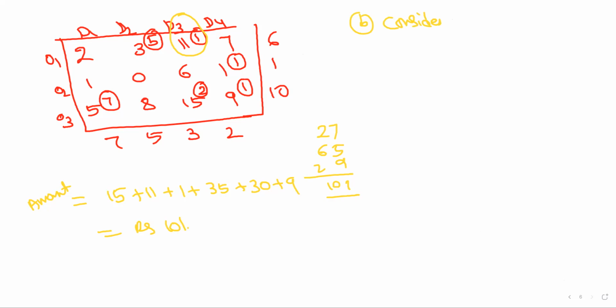And now give preference for another non-basic cell. Next non-basic cell.